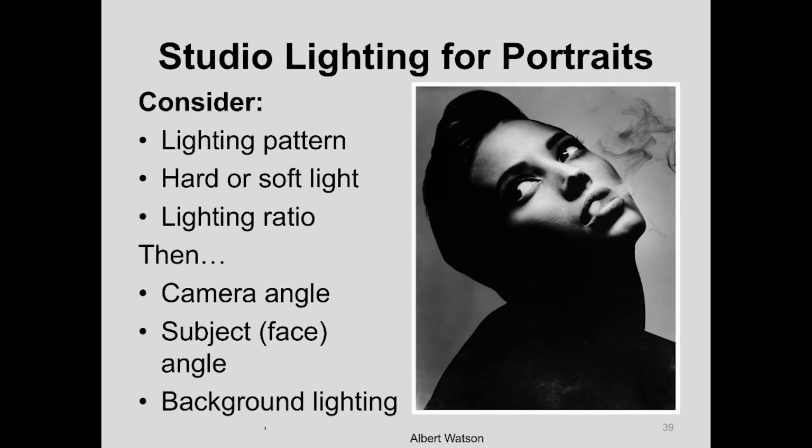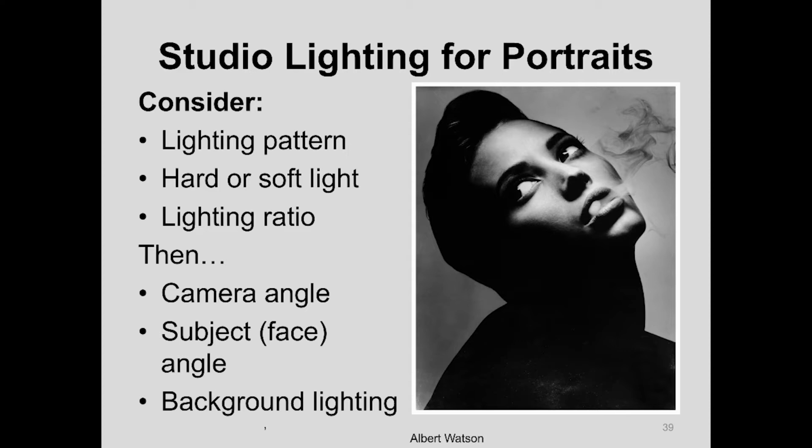Lighting ratios apply to portraiture as much as they do to any other genre of studio lighting. A 1:1 lighting ratio will result in that flat lighting, while with the other lighting patterns, the lighting ratio will determine the difference between the highlight and shadow values, as well as the overall aesthetic in the image.